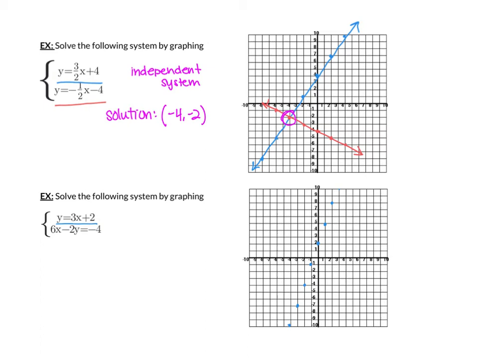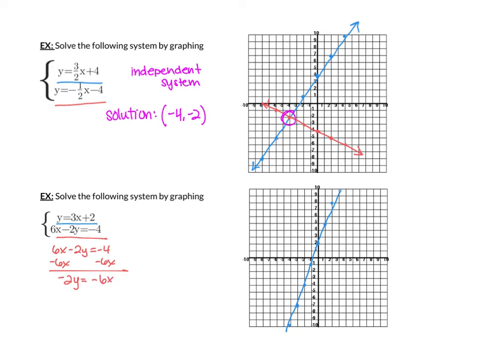So when I graph this line, not a great graph, but there we go. And then now I need to go through and solve this other equation to get y by itself. So I'm going to do 6x minus 2y equals -4. I'm going to subtract 6x from both sides. I like to put the x in the front so it looks more like y equals mx plus b.